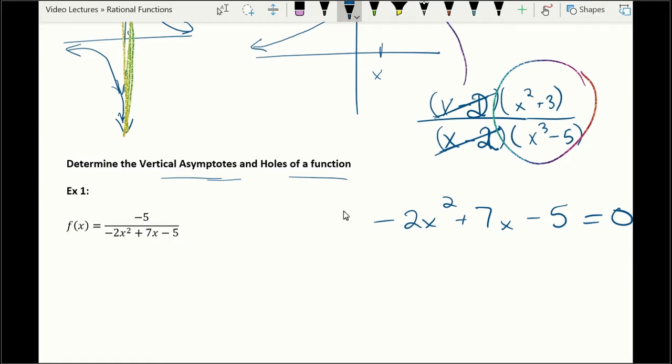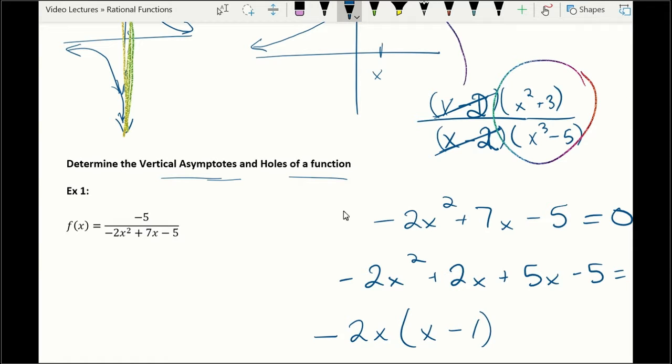So let's break up the middle term. And again, if this feels weird or you don't really remember how to factor, I would go back to that module on factoring and just get a refresher, because we're going to be factoring a lot in these sections. So we see we can pull out maybe negative 2x to get x minus 1.